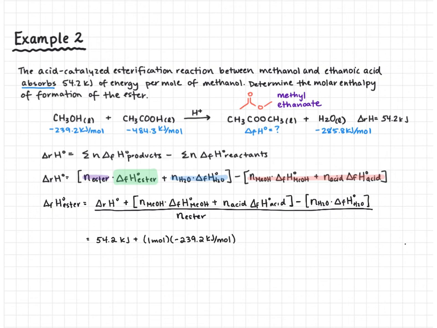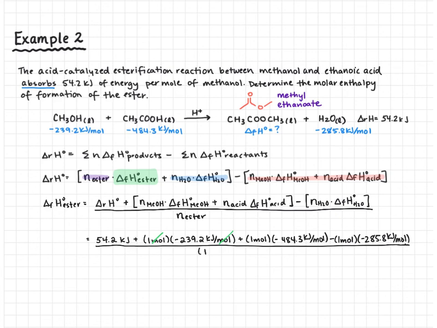And just to check that our units cancel, moles and moles will cancel, so everything will be in kilojoules, plus 1 mole of acetic acid times negative 484.3 kilojoules per mole, and then minus 1 mole of water times negative 285.8 kilojoules per mole, and that whole thing will be divided by 1 mole.